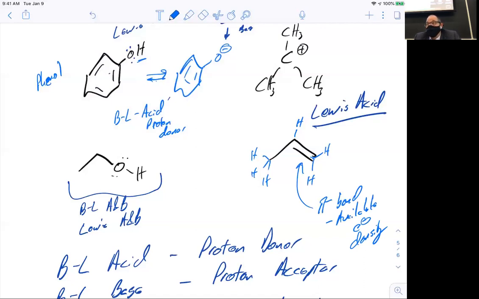Now, most Lewis bases you're going to see at this point are going to be lone pairs or negative charges. But because of the orientation of those p orbitals in pi bonds, they also have electron density that is available. So they are more electron rich than a normal single bond, right? They're not used to connect the bond, they're outside of that bond.